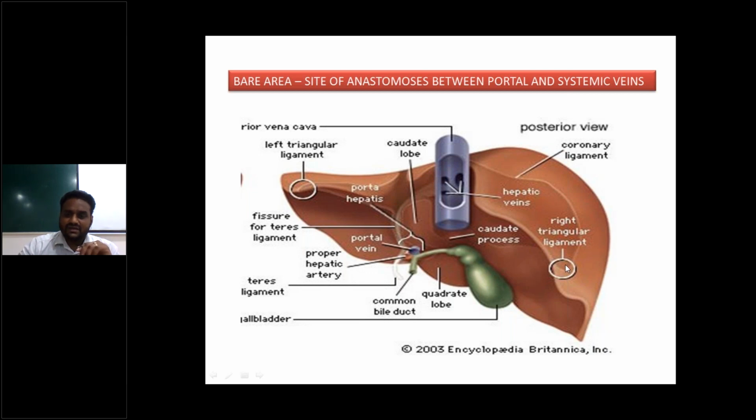The apex is formed by the right triangular ligament. Above and below it is bounded by the superior and inferior layers of the coronary ligament. So these are the bare area boundaries. And the clinical importance of the bare area of liver, you know it: this is the site of the anastomosis between portal and systemic veins. Very important.